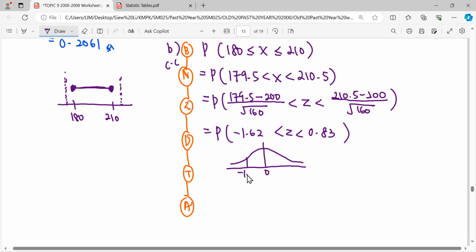Negative on the left-hand side, positive on the right-hand side, and in between. To get the area in between, our table only presents the tail side value. So to get the middle region, we take overall minus the tails. The negative tail, we will read as positive 1.62, and then minus another right tail, which is 0.83.